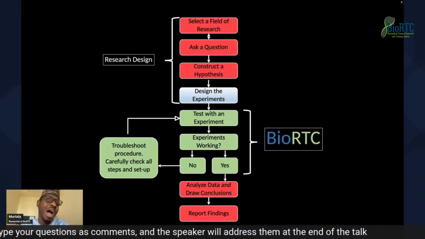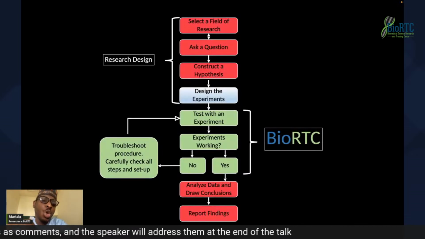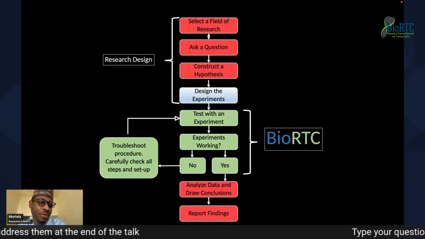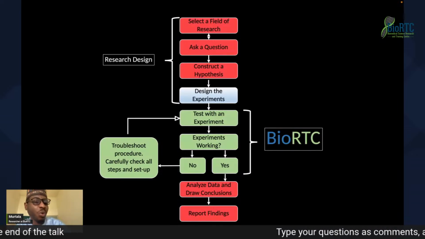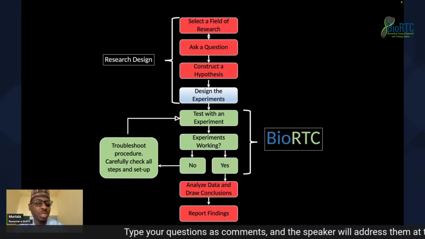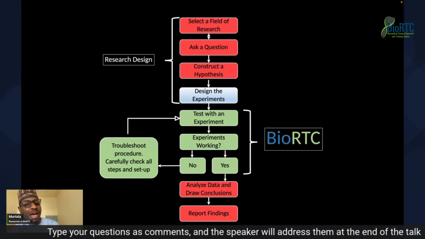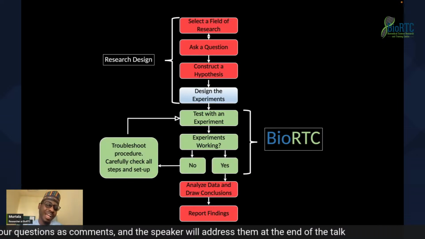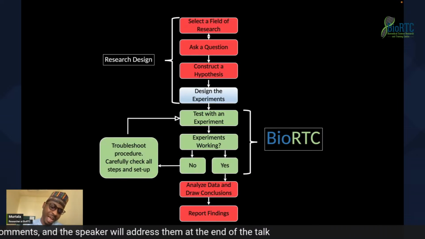So there is no harm when you already know the questions that you are going to ask. I'm going to demonstrate how to ask the right question in research, but suppose you already have the question. There's no harm if, during the design of the experiment, you initiate contact with the center, and the people in the center can tell you this is what we have.